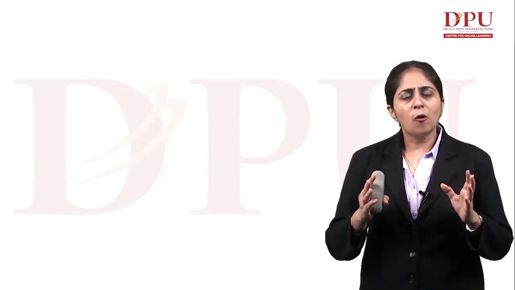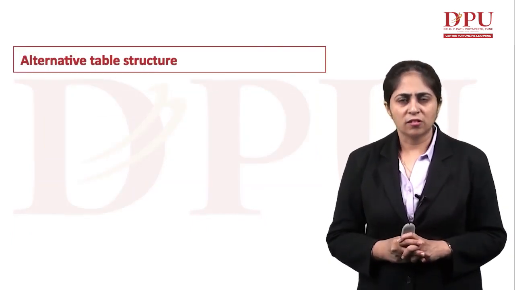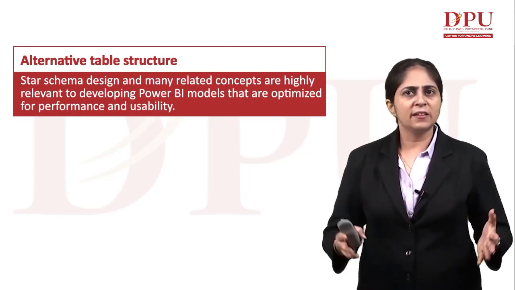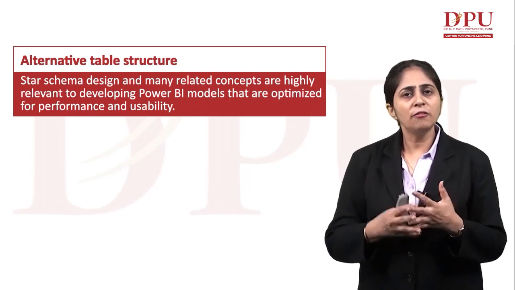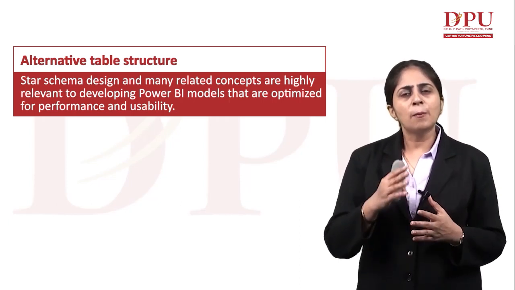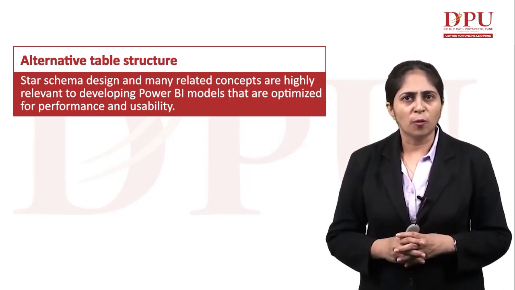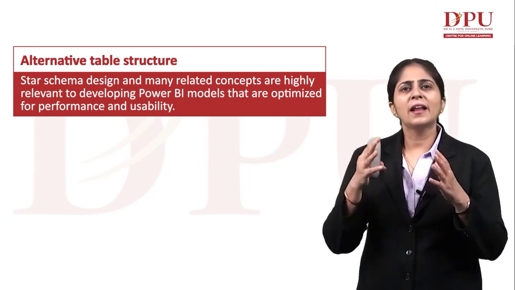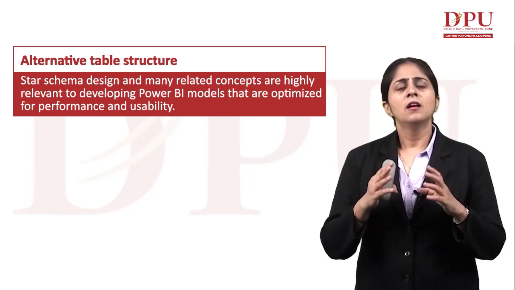Now, talking about alternative table structures, star schema design, and many related concepts. They are highly relevant to developing the Power Business Intelligence model, which is optimized for performance and usability.